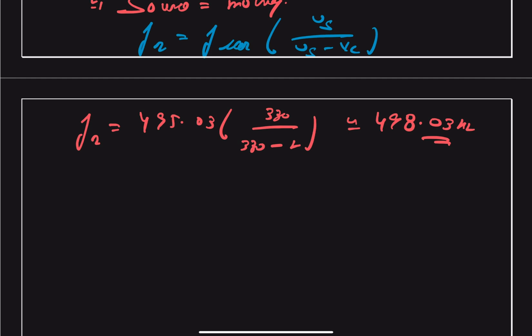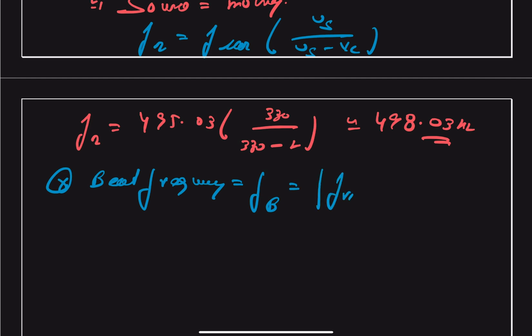And we are supposed to find out the beat frequency. So beat frequency is nothing but the difference between the two frequencies, the original and the reflected one. So we can say our beat frequency, if we call that f beat, will be equal to f reflected minus f naught.